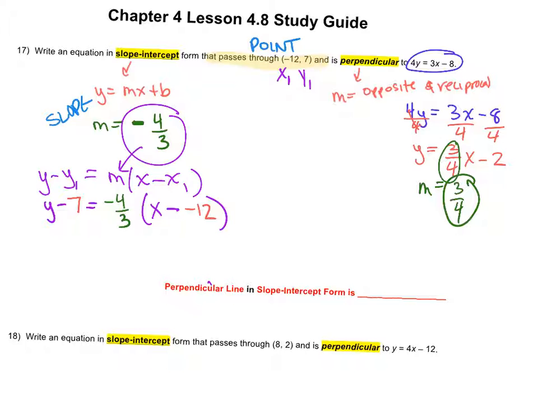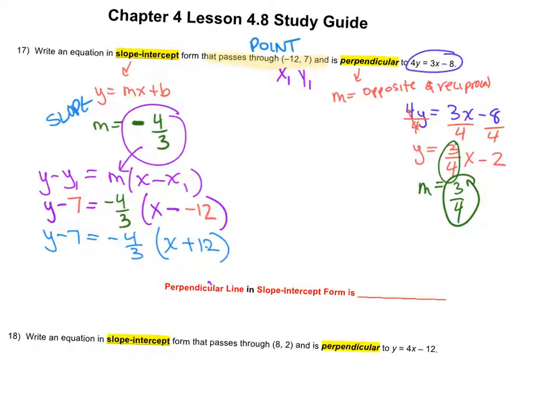Be leery with double negatives. x minus negative 12 is, exactly correct, x plus 12. So I'm going to continue, and I get y minus 7 equals negative 4/3 times x plus 12.